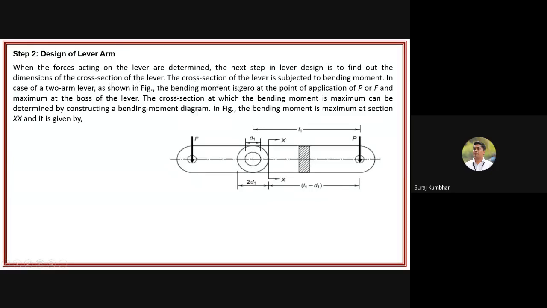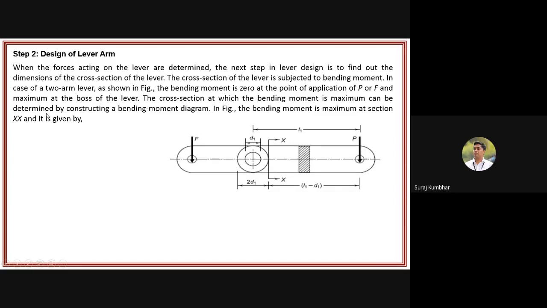The cross section of the lever is subjected to bending moment because of the vertical forces acting on it. In case of a two arm lever, as shown in the figure, the bending moment is zero at the point of application of P or F. So the bending moment at F and at P is what?